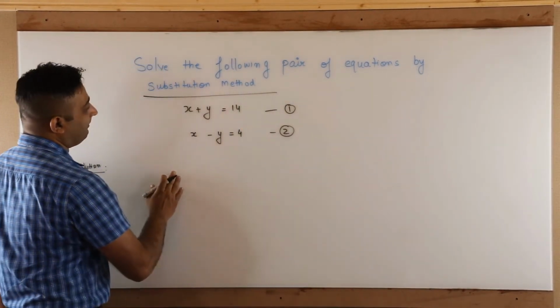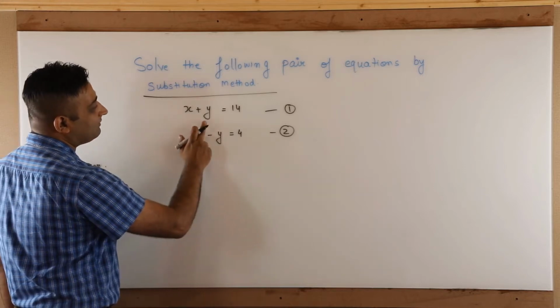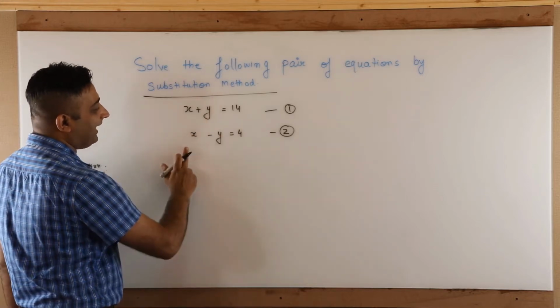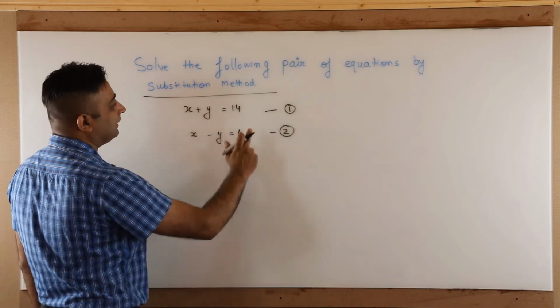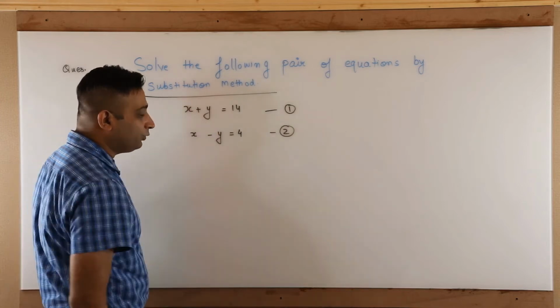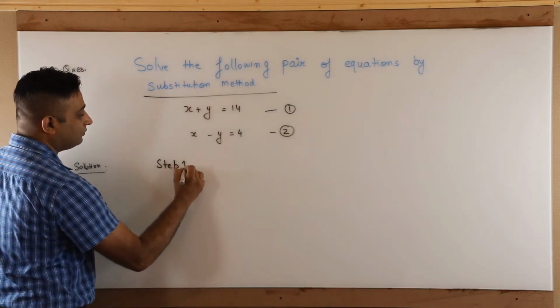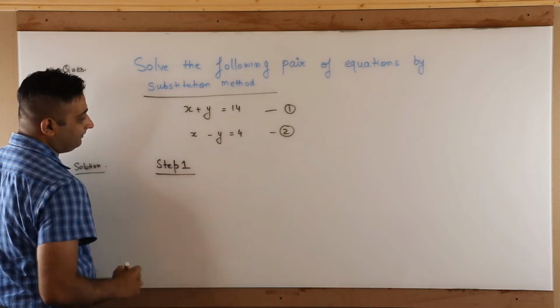We have taken an example in which there are two equations, x plus y equal to 14, which is equation number 1, and x minus y equal to 4, which is equation number 2. Now, let us take some steps to solve this question. Step number 1.